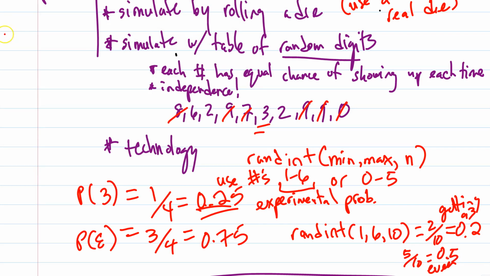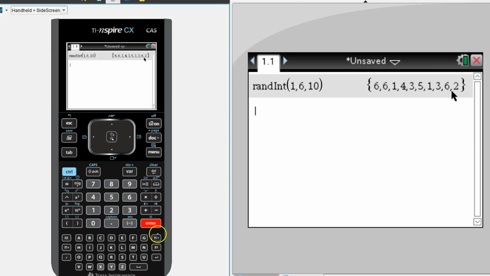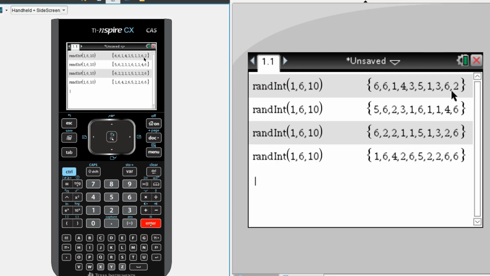But the idea is, if we did this over and over and over again, and I can keep hitting enter, just to give you a couple examples, it's not always going to be 50%. How many evens do we have here? 1, 2, 3, 4, 5. All right, they're going to make a liar out of me. 1, 2, 3, 4, 5. Again, 5. Then 1, 2, 3, 4, 5, 6, 7, 8 evens, right?